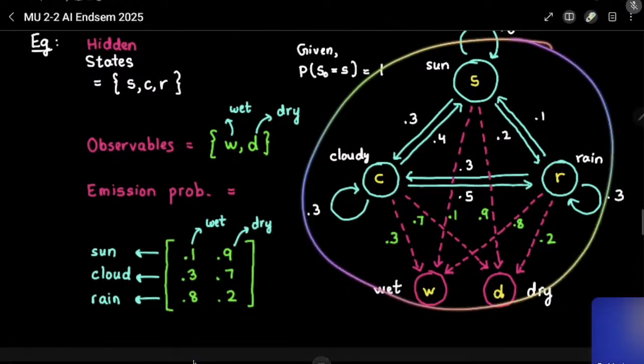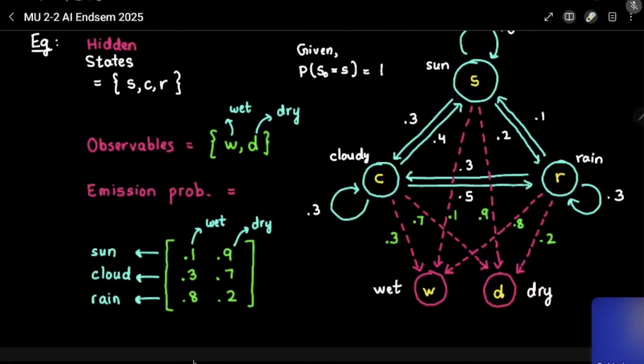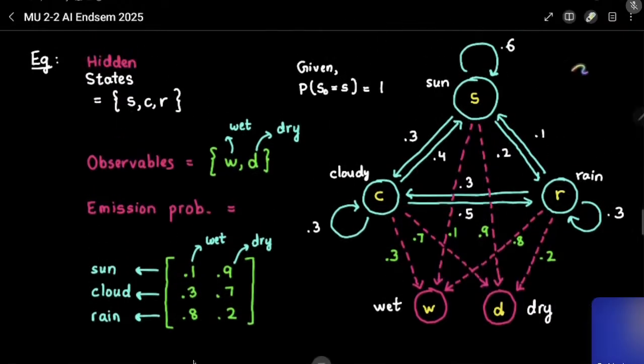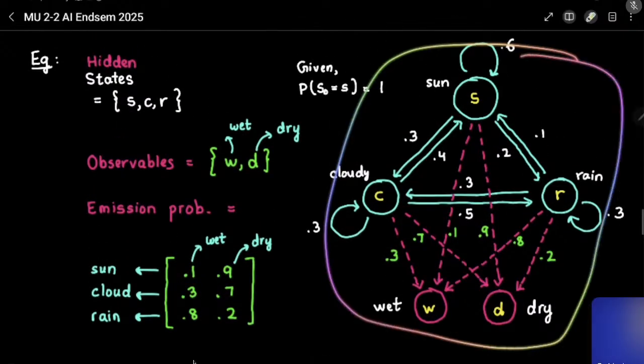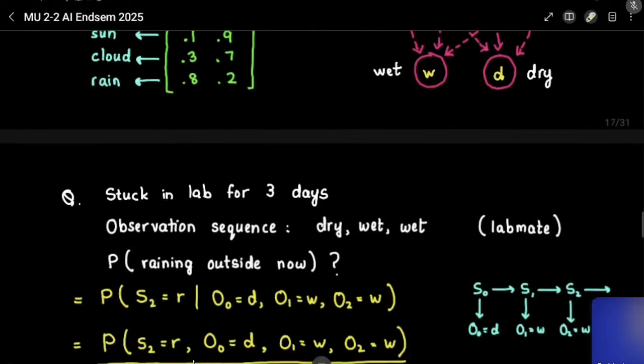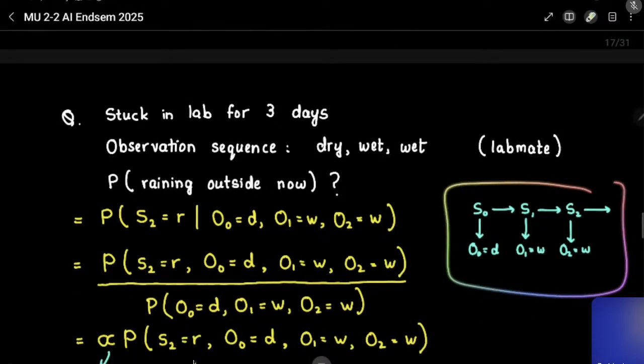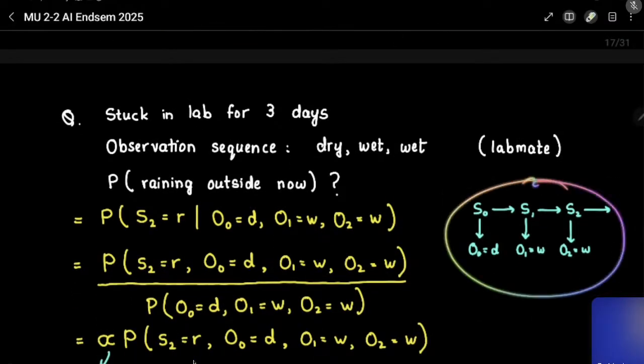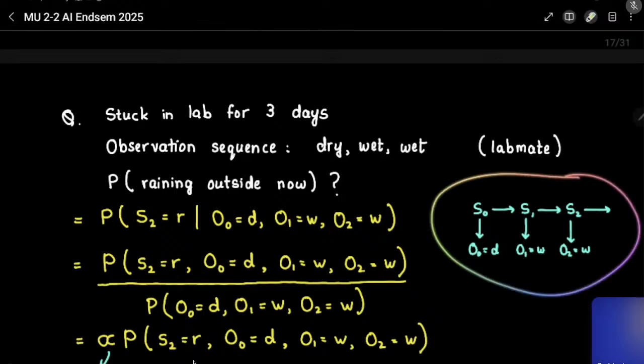If you realize, you have this representation of a hidden Markov model. This will not change. This represents all the transition probabilities and emission probabilities. Here on the right side, if you notice, this looks like a Bayes network, like a directed acyclic graph.